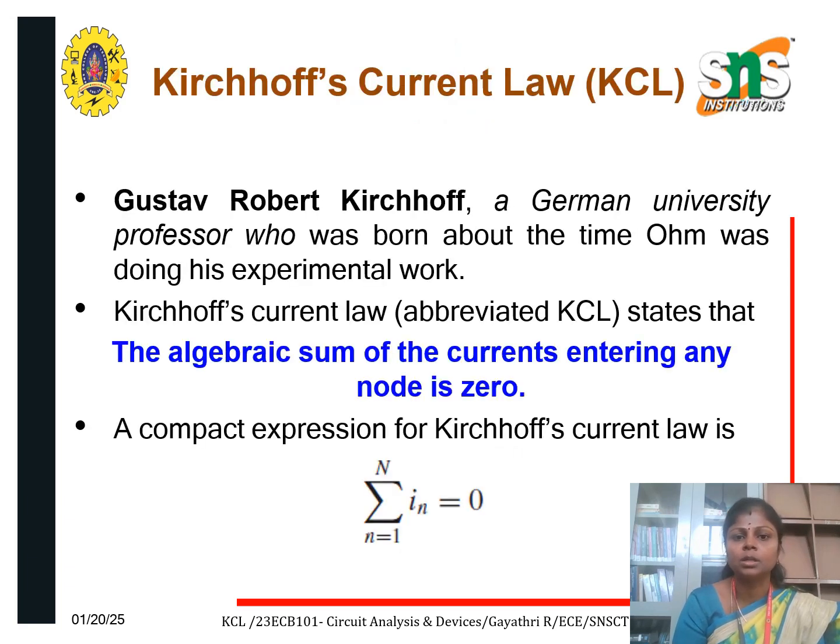Now we are going to discuss Kirchhoff's current law, KCL. Gustav Robert Kirchhoff was a German university professor who was born about the time Ohm was doing his experimental work. Kirchhoff's current law, abbreviated as KCL, states that the algebraic sum of the currents entering any node is 0, that is, the summation of current is 0.